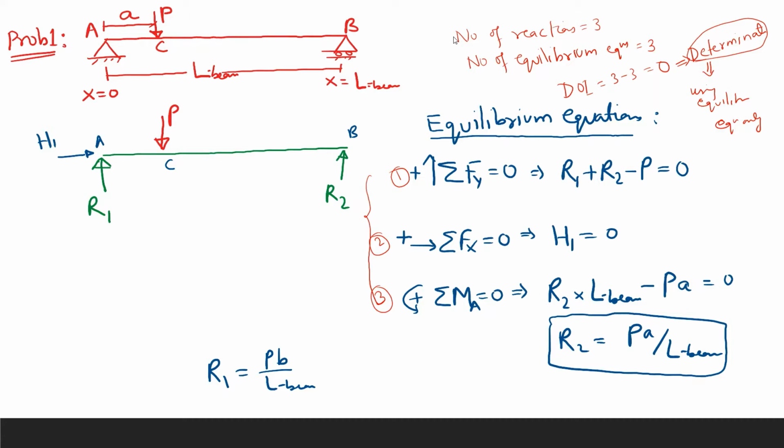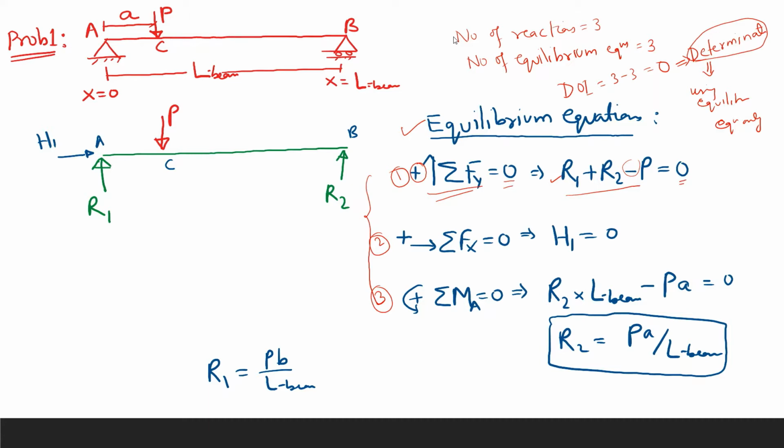Summation of force along y direction is equal to 0, and we consider the upward direction positive. R1 is upward, so positive. R2 is upward, so positive, and P is downward, so negative. So R1 plus R2 minus P, the sum of all vertical forces, should be equal to 0.